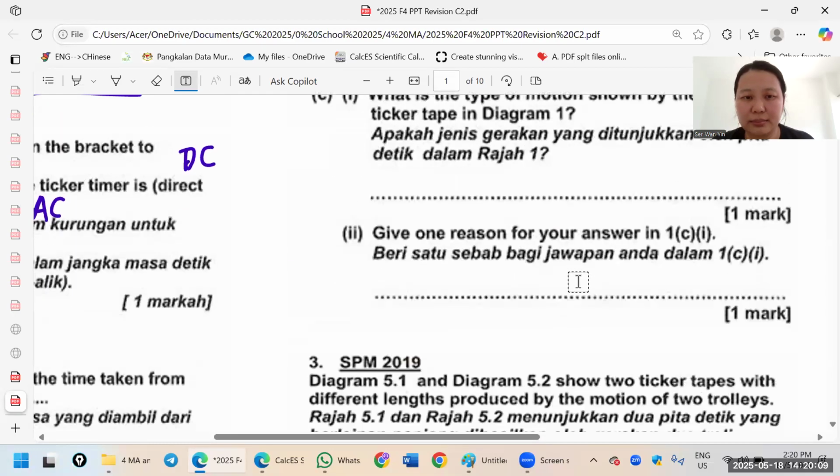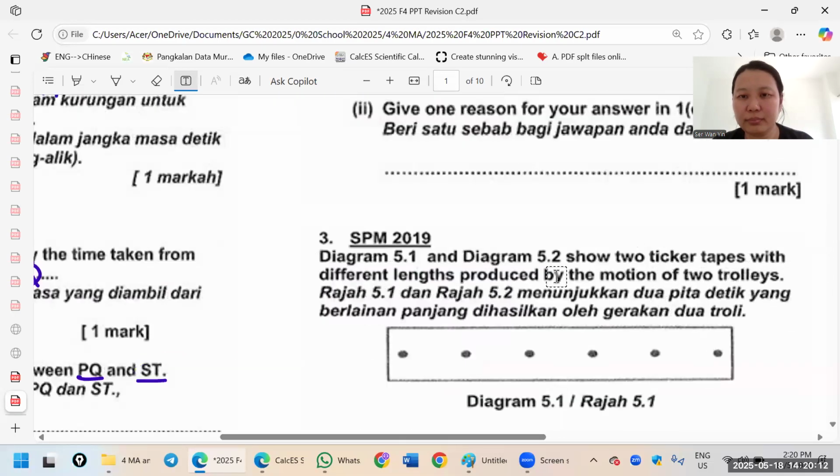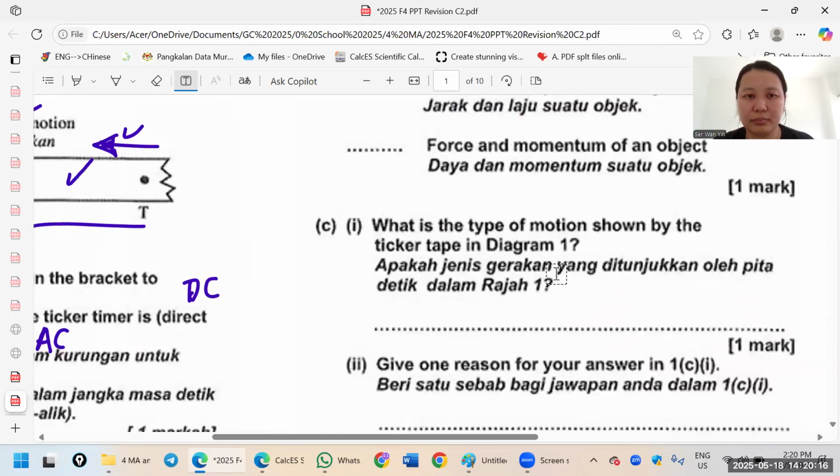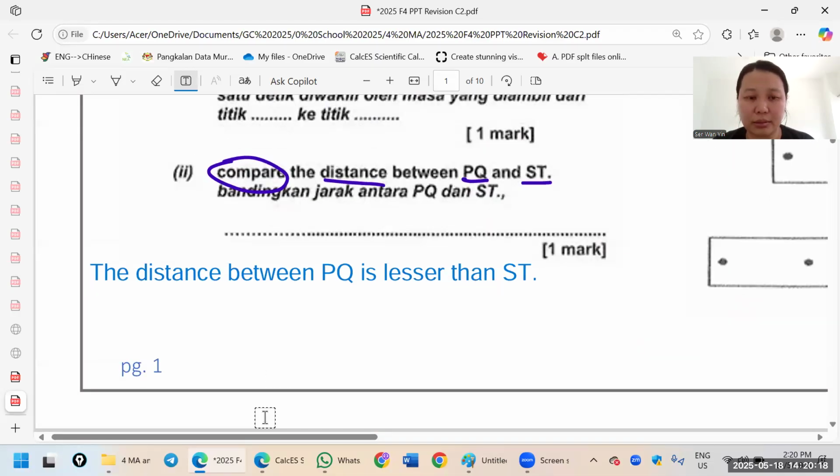Then, okay. Jia Hong is asking, teacher, can we answer in table form if the question asks to compare, contrast, or difference?